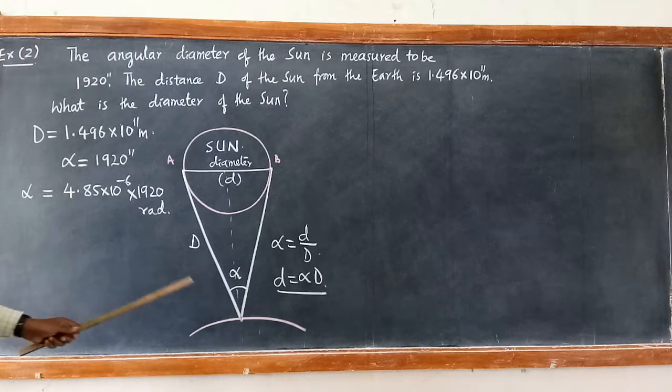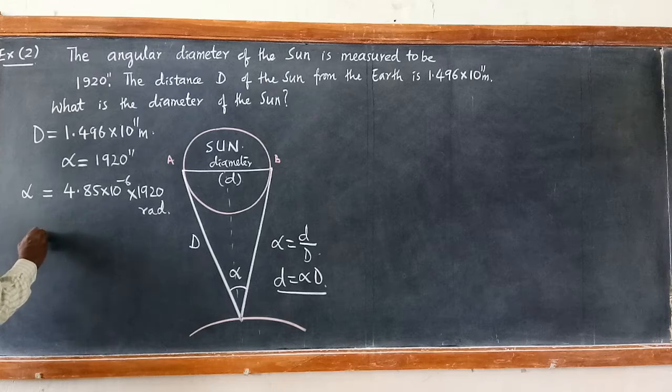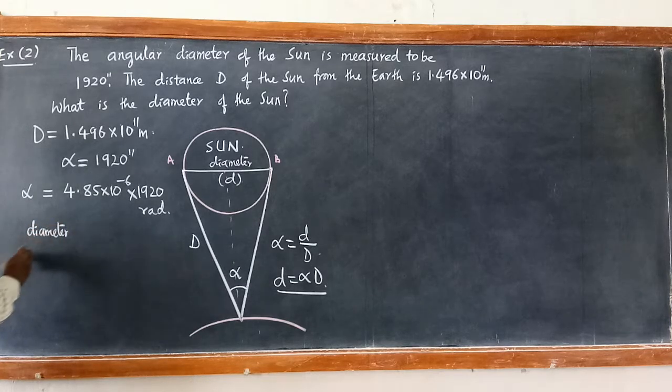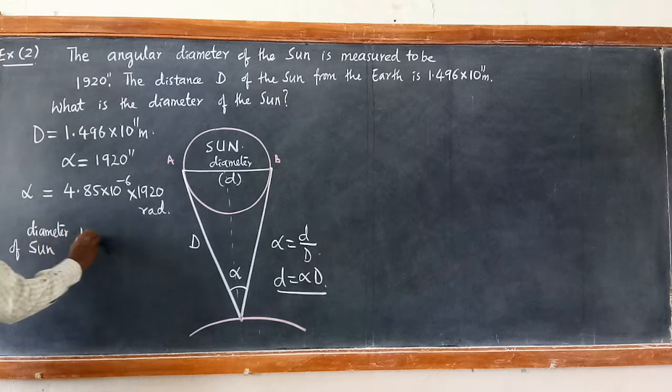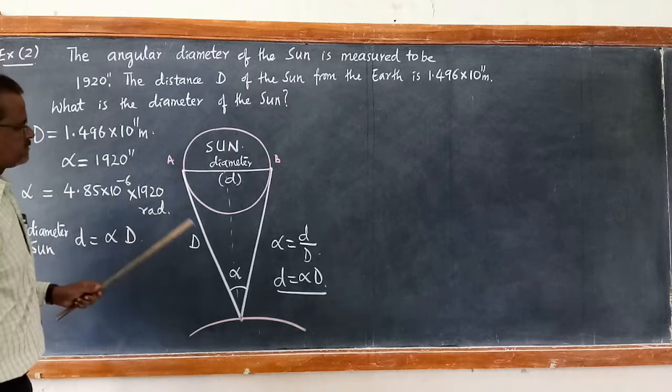Now calculate what is this diameter D. Therefore, the diameter of sun D is equal to alpha into distance of sun d.